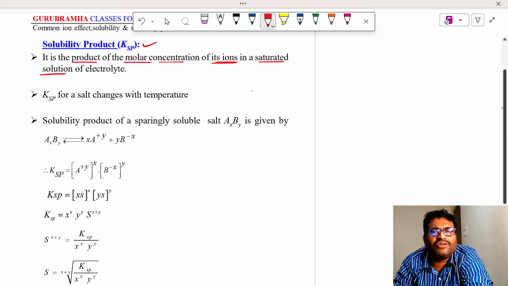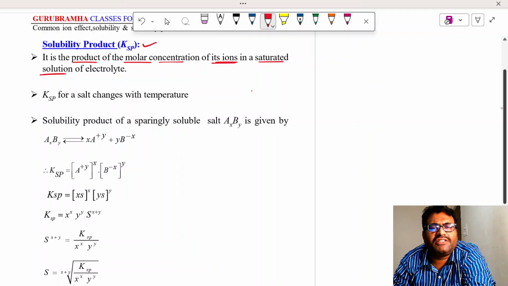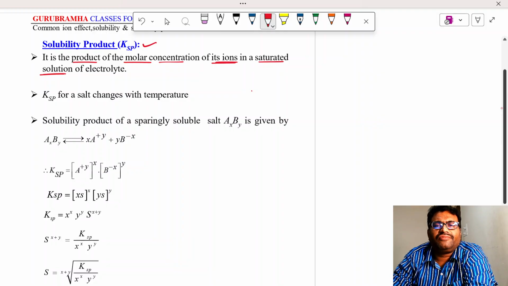In a saturated solution, there will be equilibrium existing between dissociated ions and undissociated molecule. This we know.